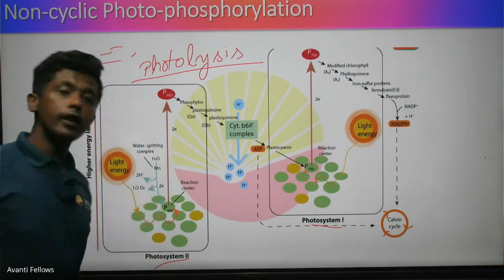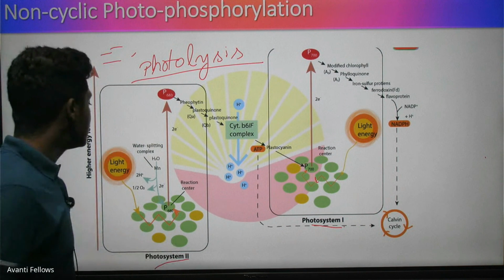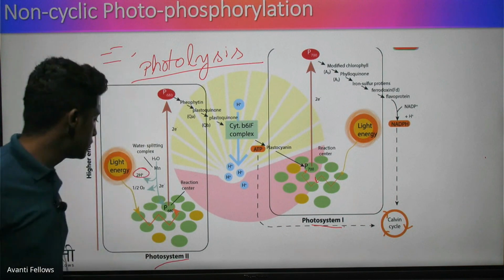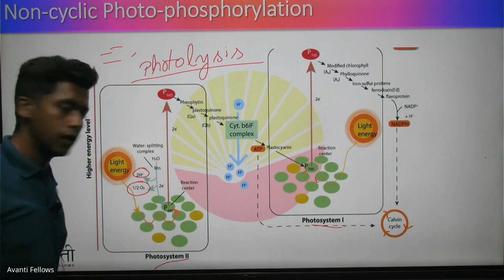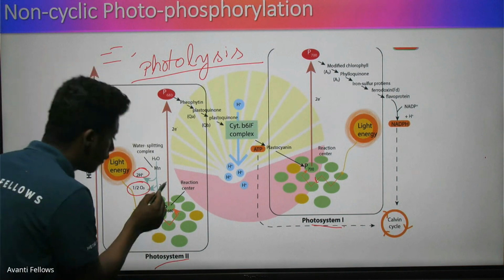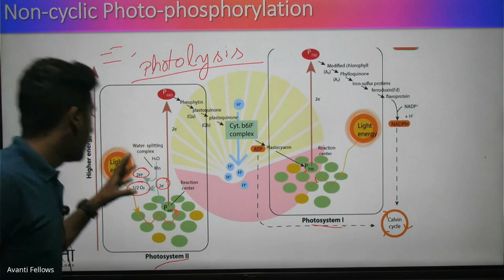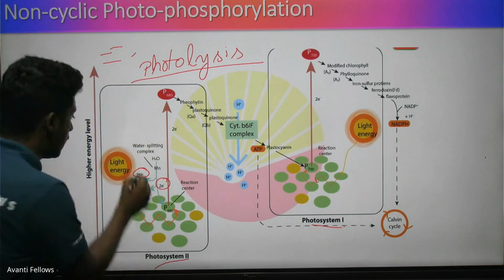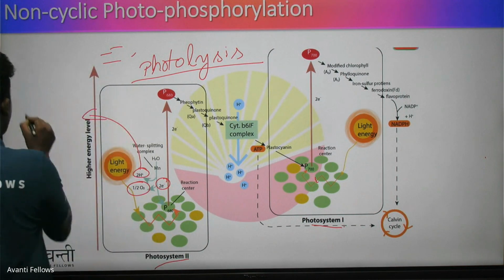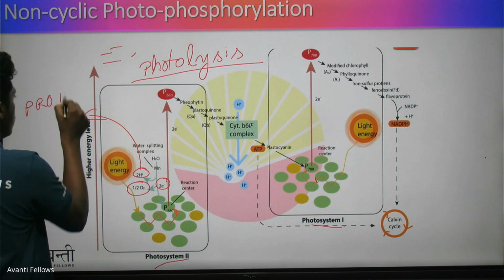When the water molecule is broken down, it releases two hydrogen atoms and half an oxygen molecule, along with some electrons. We know that the hydrogen that is released is positively charged and is a source of protons.